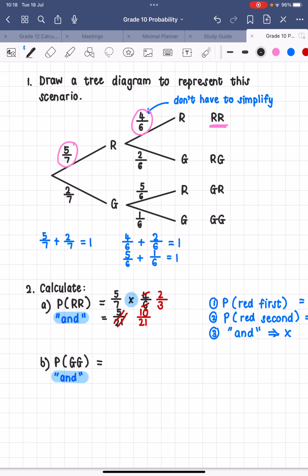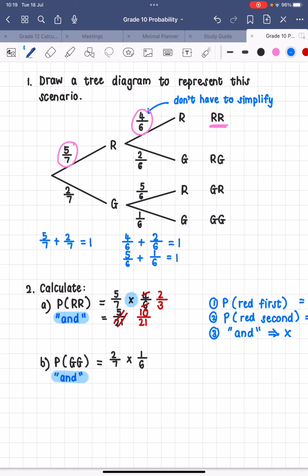What is the probability of drawing a green sweet the first time? 2 out of 7. There were 2 green sweets, 7 in total, right? So we're going to say 2 over 7. Because it's and, we're going to times that by the probability of drawing a green sweet again the second time, which was 1 over 6. 1 less, because the first one was green and then we ate it.